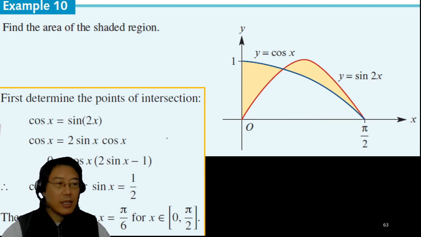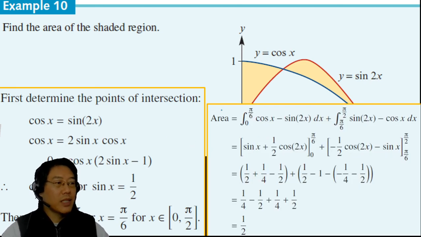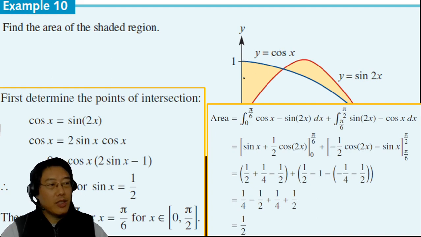Okay? So now what we can do is write the area. So here the blue curve, cos of x from 0 to pi on 6, cos of x is above. So you do cos of x minus sine of 2x. And from pi on 6 to pi on 2, you do the opposite. Okay? You anti-differentiate that, the opposite function.